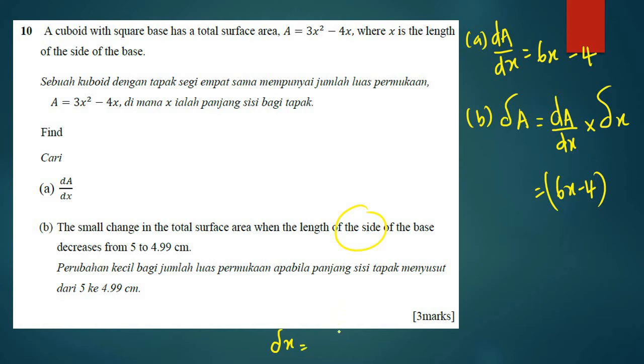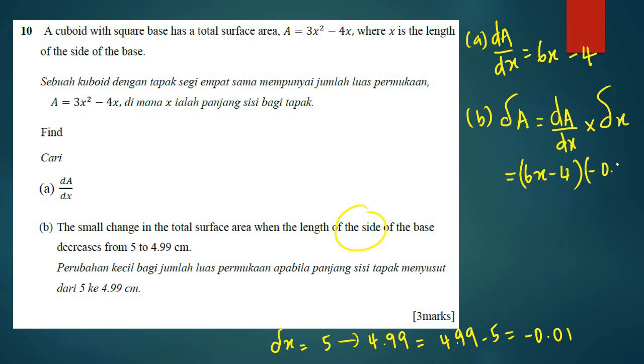So the side changes from 5 to 4.99. So how to find the small change? Final minus the initial. So negative 0.01. What is the initial for the side?